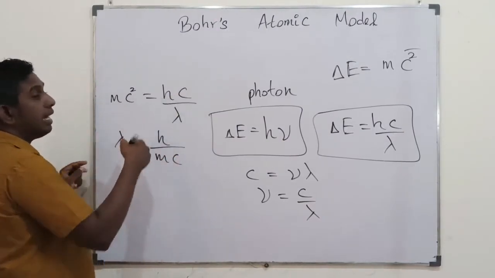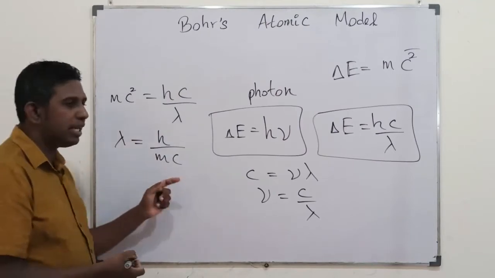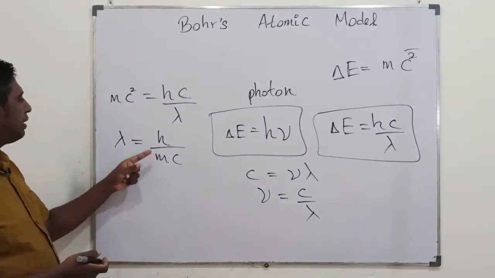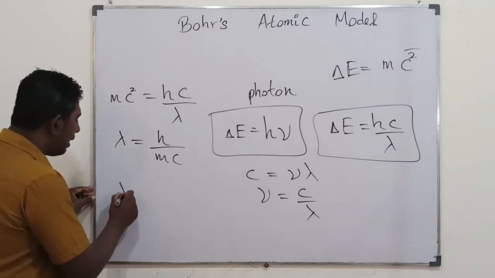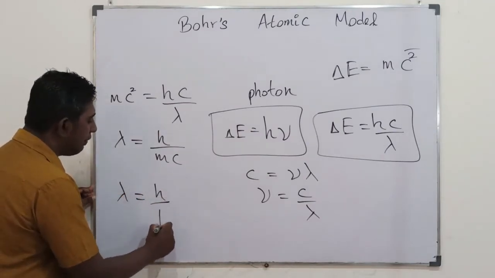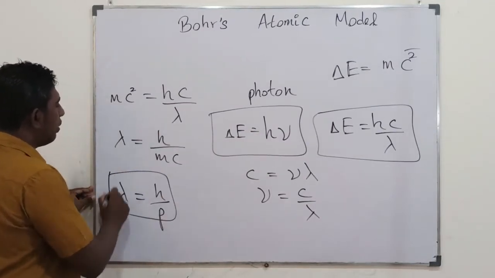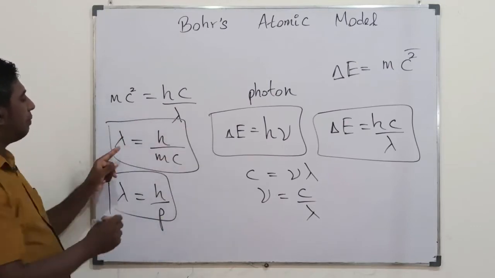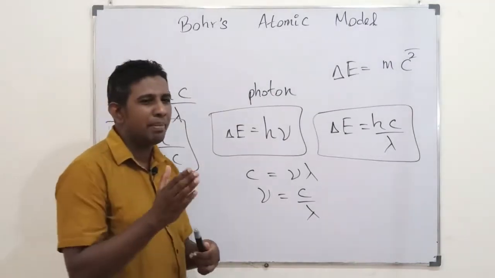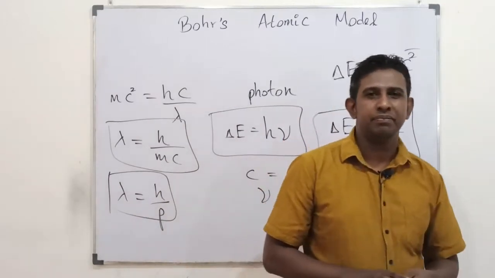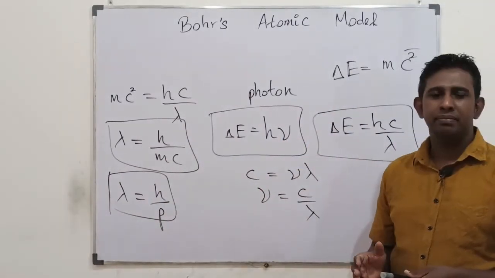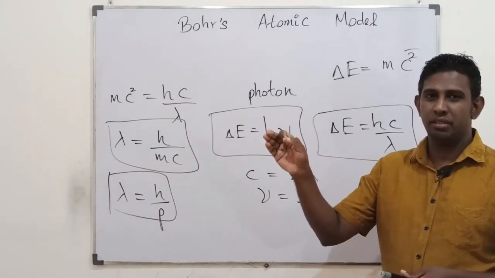One c cancels out. So mc is the momentum. In other words, lambda equals Planck's constant divided by momentum, or Planck's constant divided by mass times velocity.